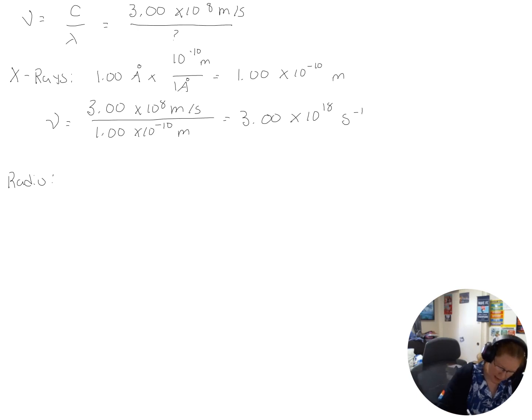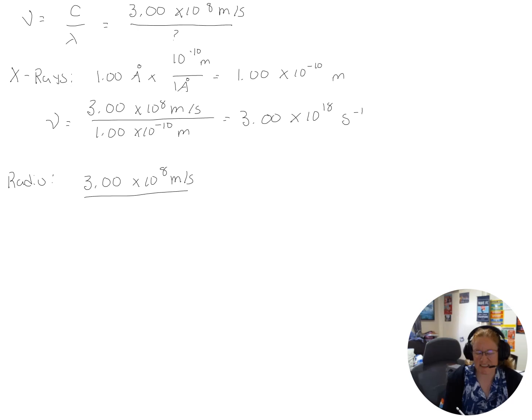All right, so I had the speed of light. Okay, we had 325 centimeters. The easiest way to do this is we're just going to do it this way. We have 325 times 10 to the negative 2 meters. There you go.